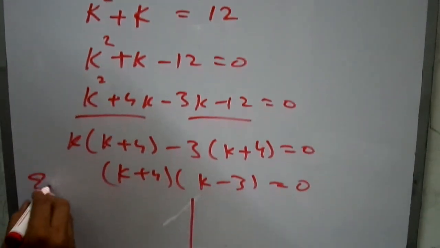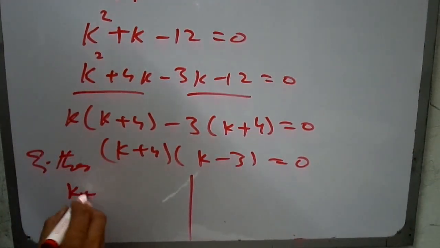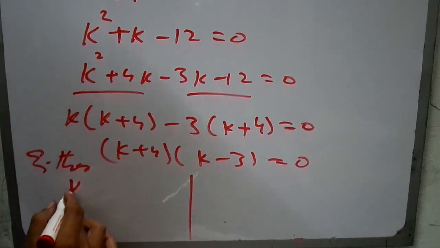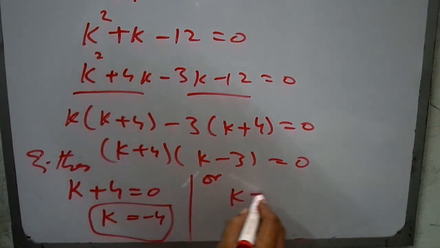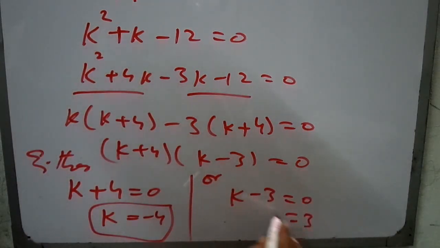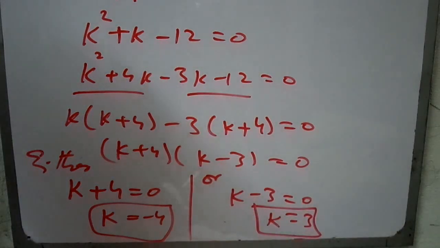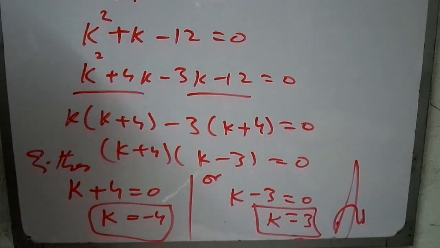So either k plus 4 is equal to 0, so it means k is equal to minus 4, or k minus 3 is equal to 0, so the value of k is 3. So that is your required result.